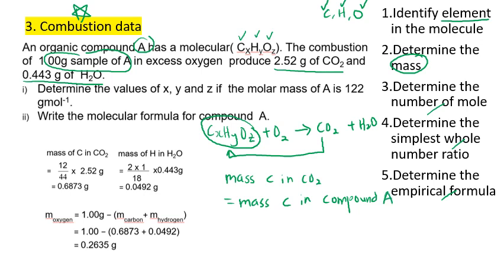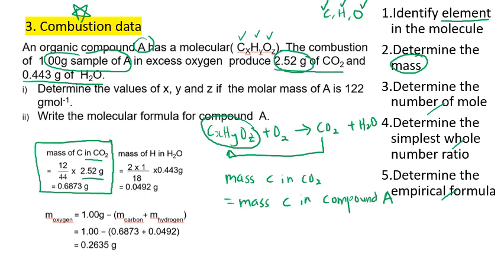Because we don't know the mass of carbon in compound A, yes, we know the mass of compound A, but there are three unknowns, so it's a bit challenging to determine it. That's why we use the mass of carbon in carbon dioxide. The mass of the carbon dioxide is 2.52, which is given in the question.